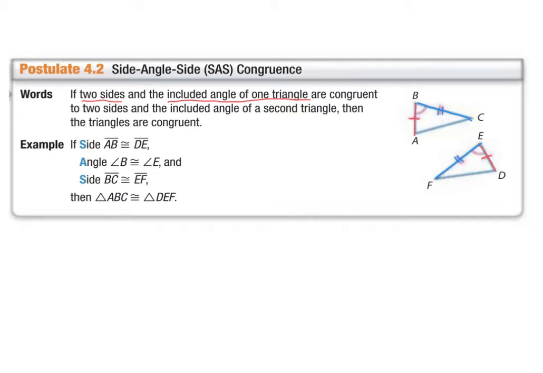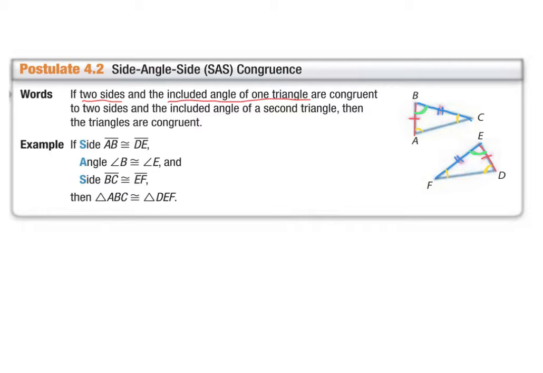So the included angle would have to be that angle formed by the red and blue lines. The angle cannot be off to the side, such as the angles I am marking in yellow. So those yellow angles cannot be the angles given. It must be the two sides and that angle that is formed by those sides.